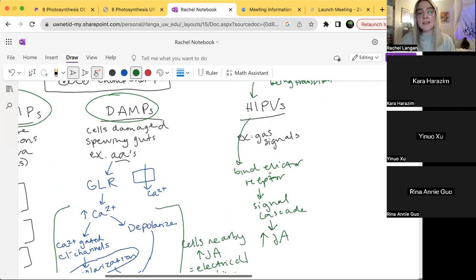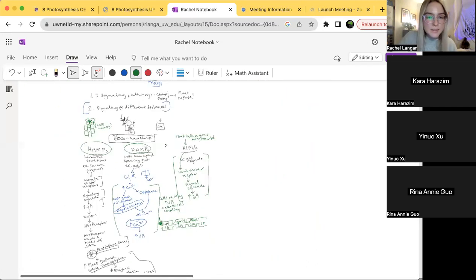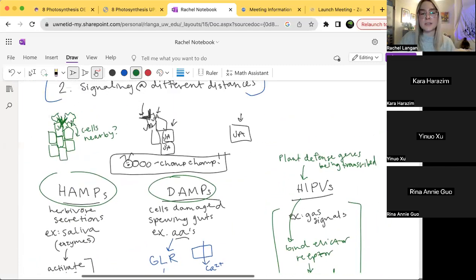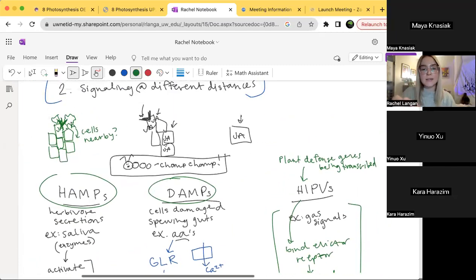But what makes this different is that it's happening in a cell super far away from the damage site. So those are the three signaling pathways and the different distances you should be able to explain: at the actual cut site, at nearby cells, and at cells super far away, maybe even on a different plant.